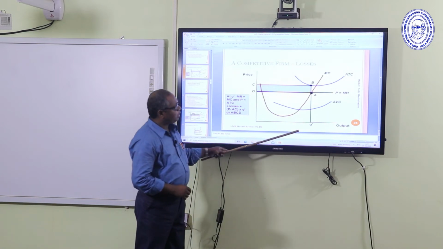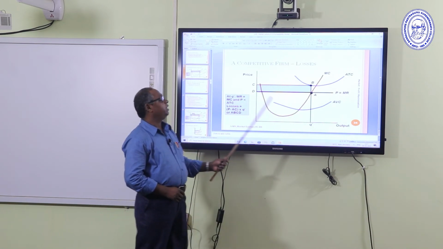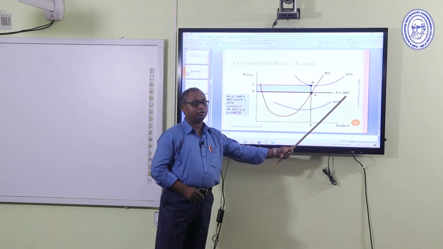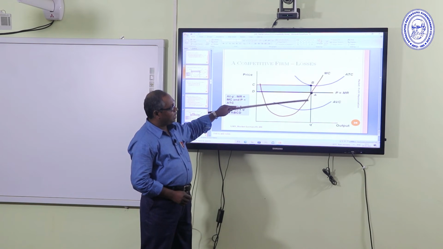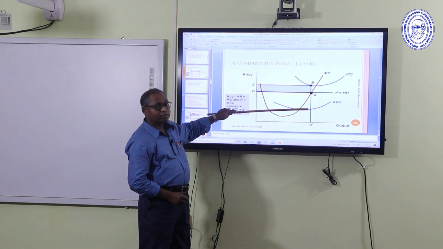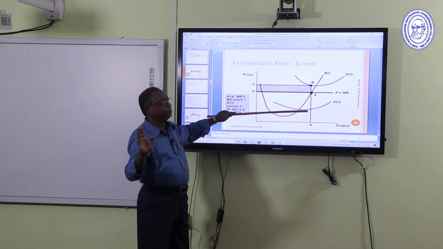So here, if output level is at Q for simplicity, and price is say at P, which equals R equals MR here, then what will happen? There is variable cost, which is Q star to that line, incurred by the firm if the firm continues production.